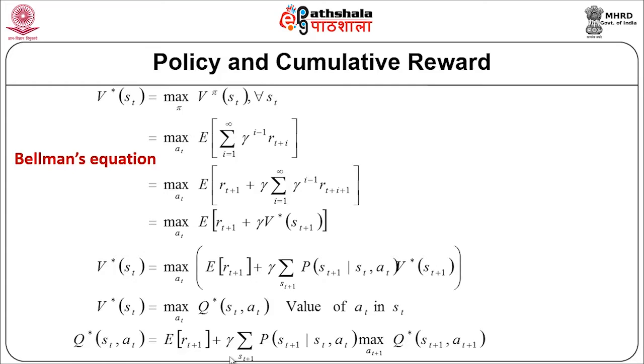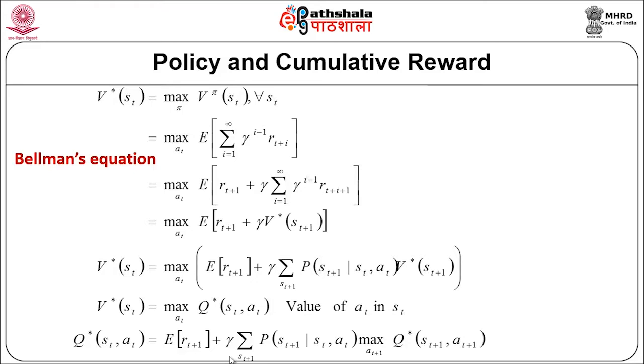Again, we are just replacing this with the equations that we spoke about in the previous slide, and finally, the value of S of t is nothing but the maximum that you can get from S of t on taking the action a t, that is the value of the action that you will take. Q is used when you are talking about both the state and the action.